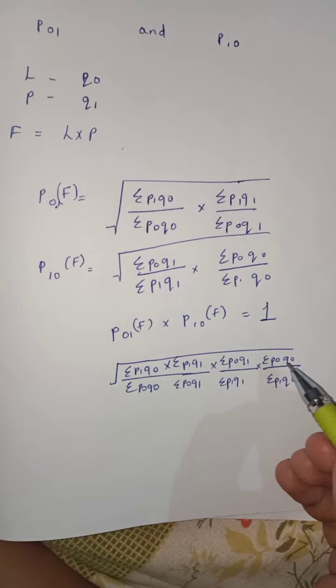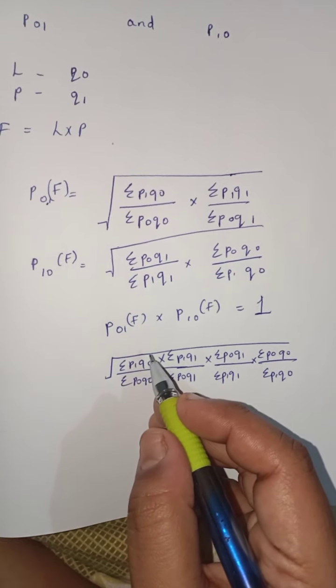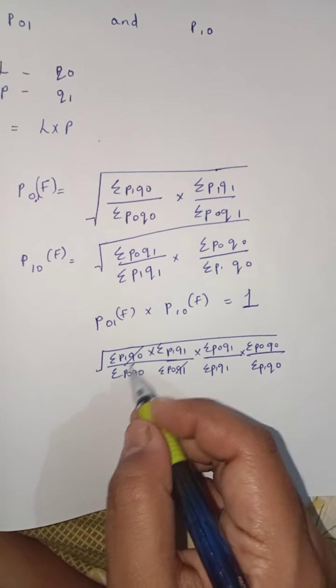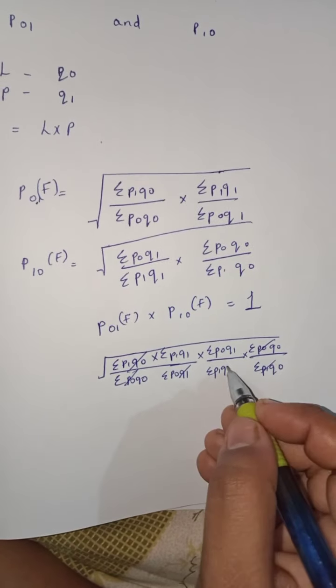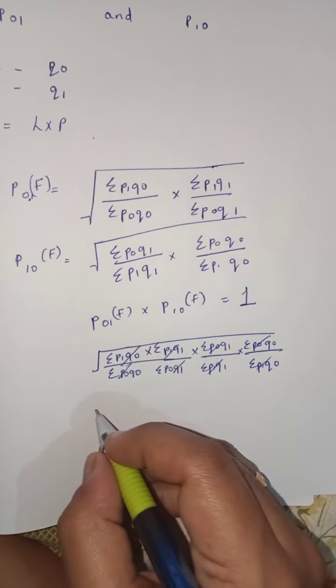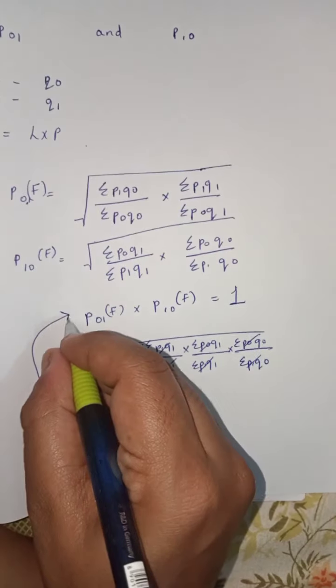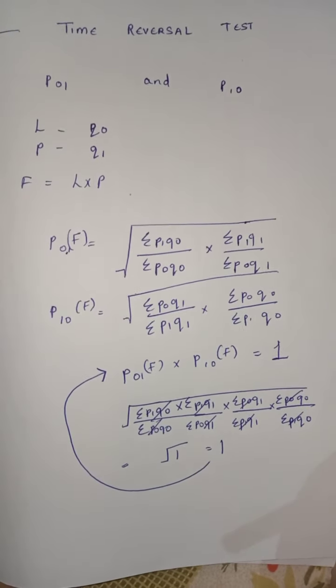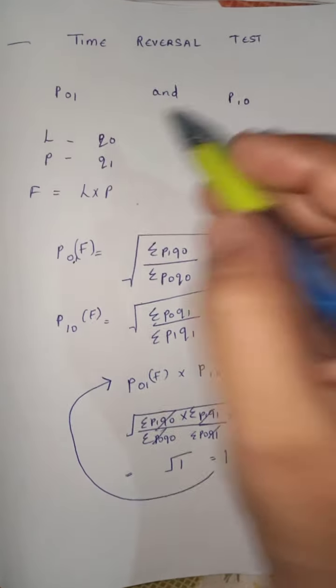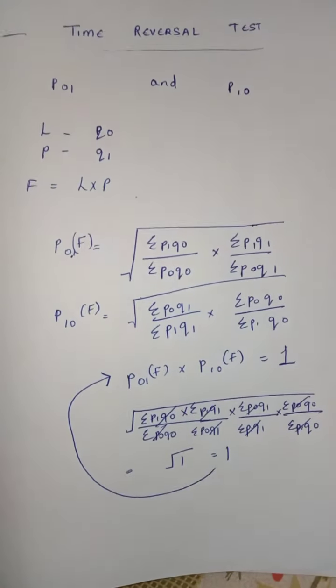I have substituted everything here. Now what happens is everything basically gets cancelled. So what remains is root of 1, which I can write as 1. So I have proved that Fisher's price index satisfies my time reversal test.